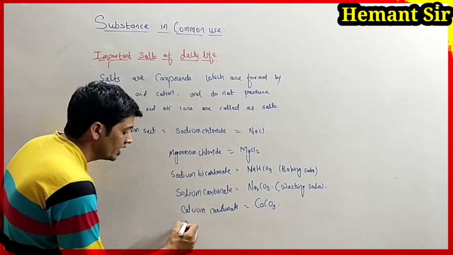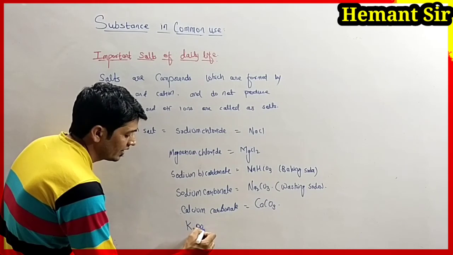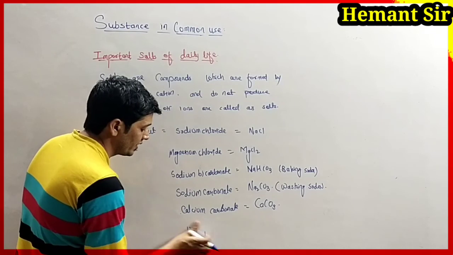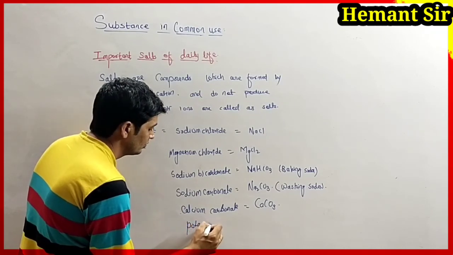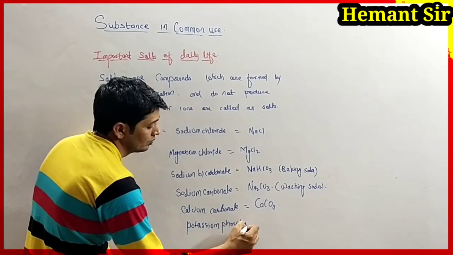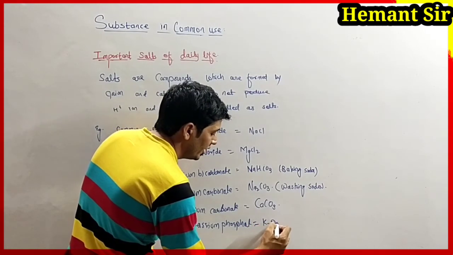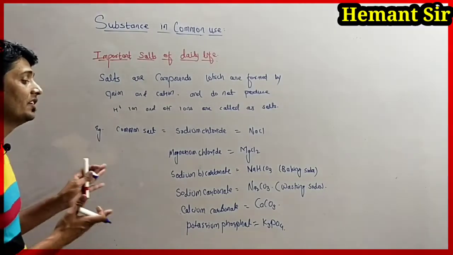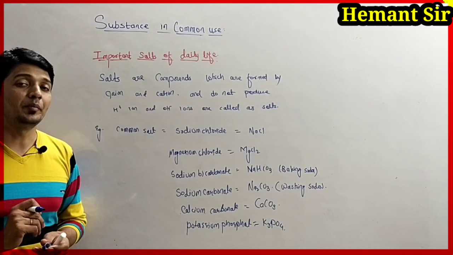Then we have potassium phosphate, and its formula is K3PO4. So these are the important salts that we are using on a daily basis.